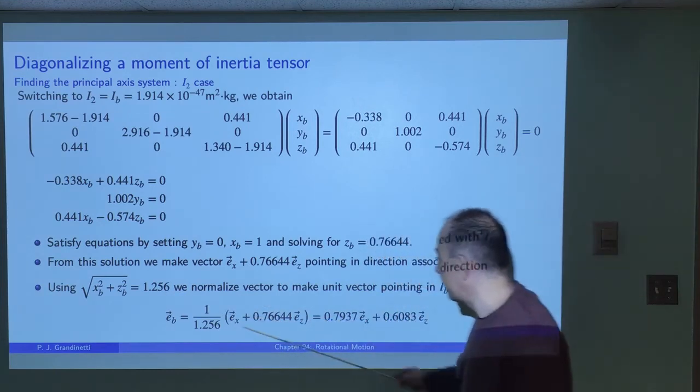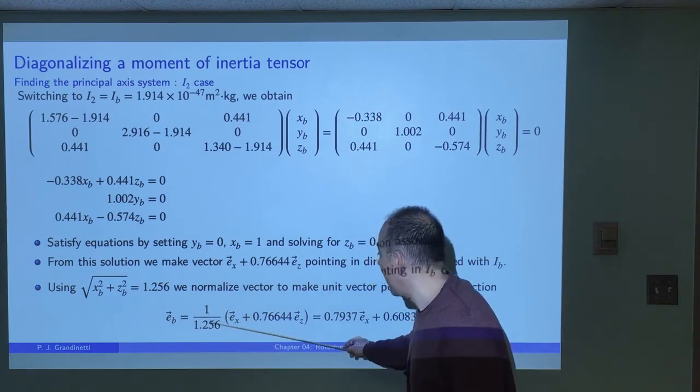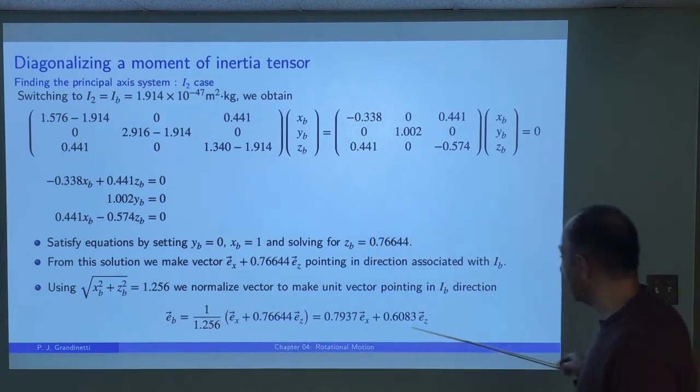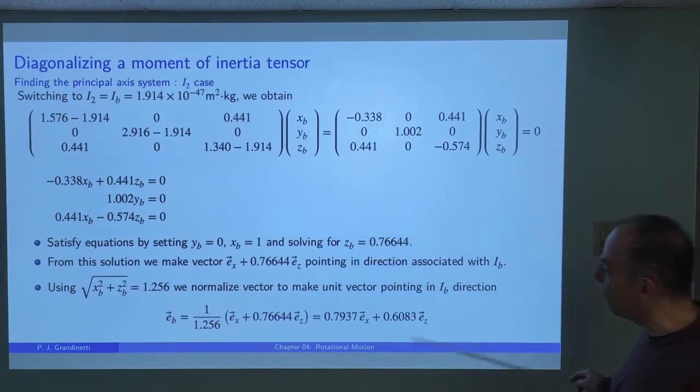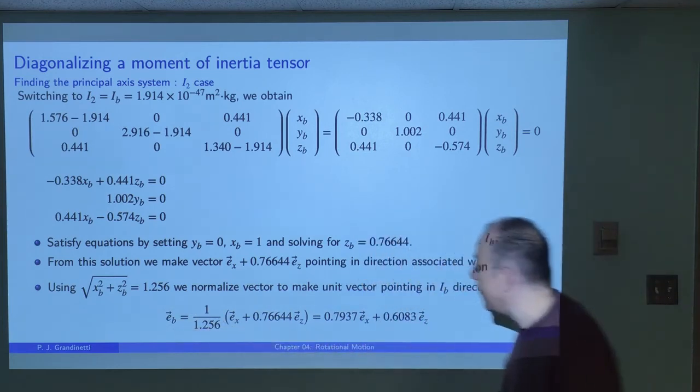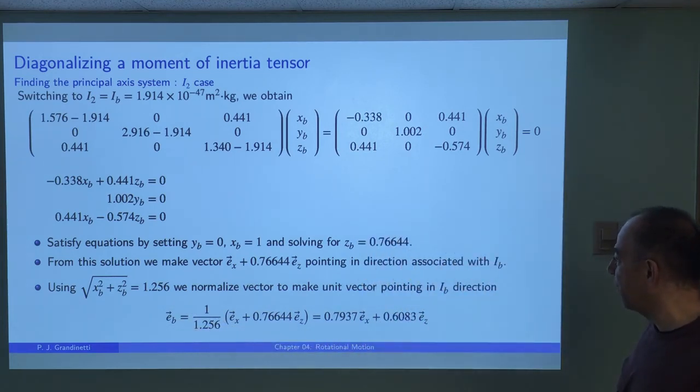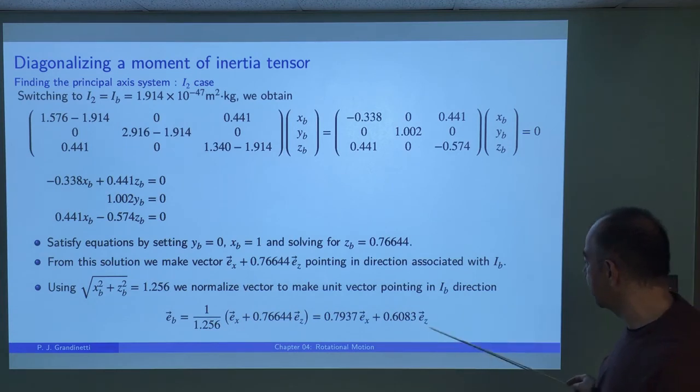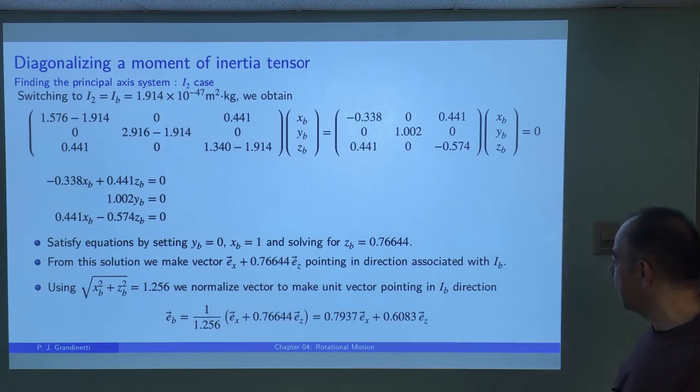And after I take the square root, I divide by that to normalize, and then I get this value here. So now I've defined the B direction of the principal axis system in terms of the EZ and EX of our original coordinate system.